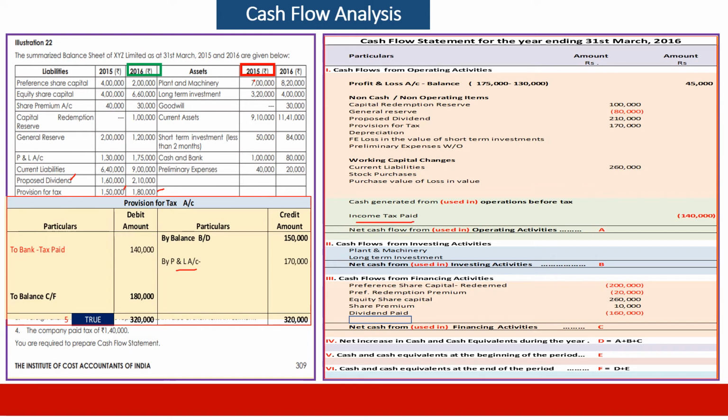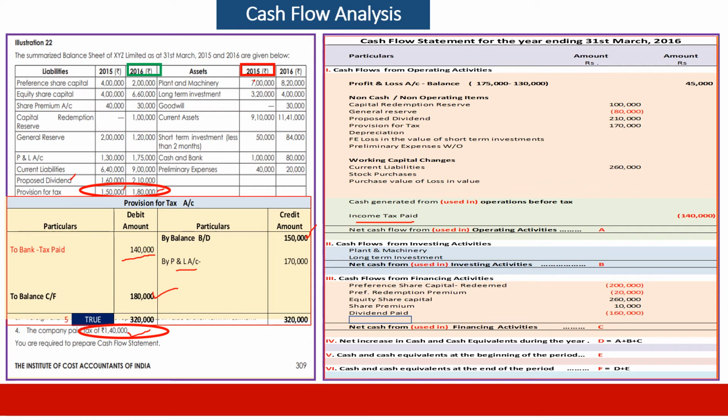Let us take the practical example and see the provision for tax account. How do we proceed? Opening balance is 1,50,000 credit balance. Closing balance is 1,80,000. Then the company paid tax of 1,40,000. It is very clearly indicated.